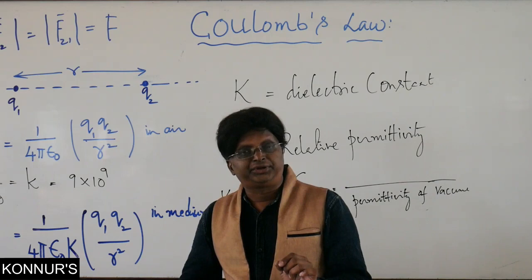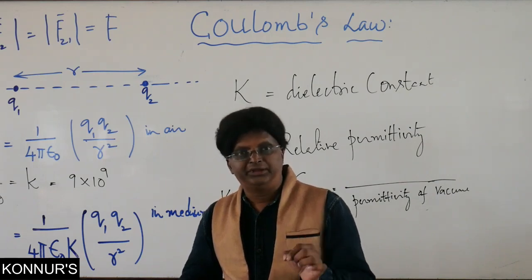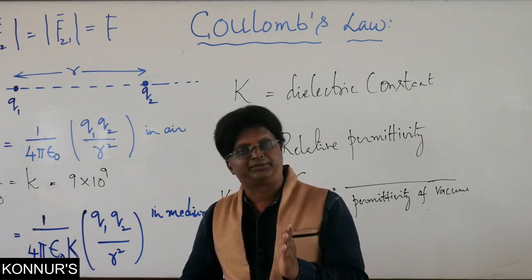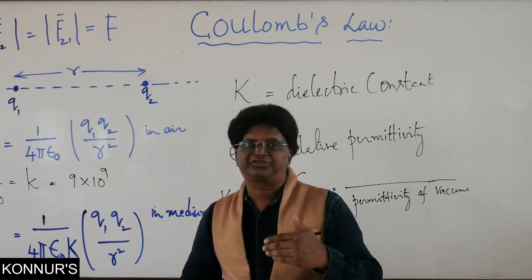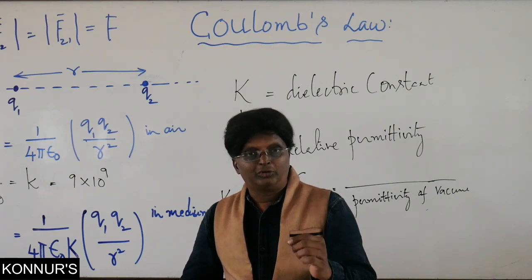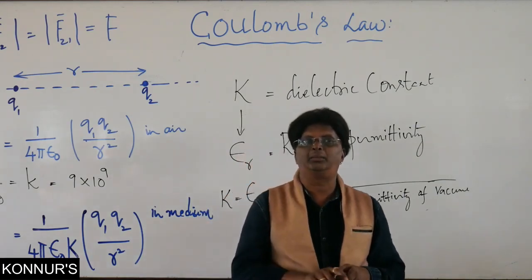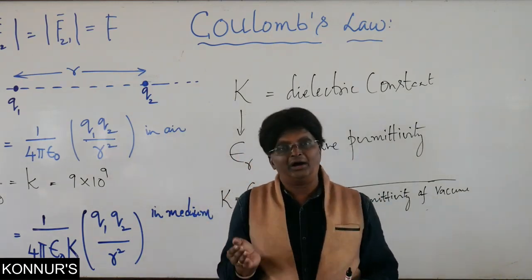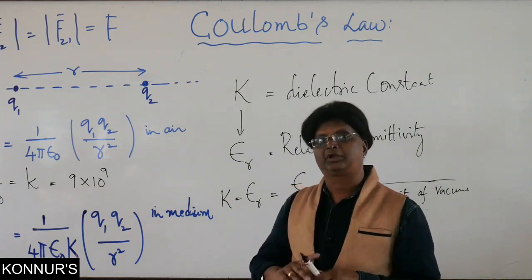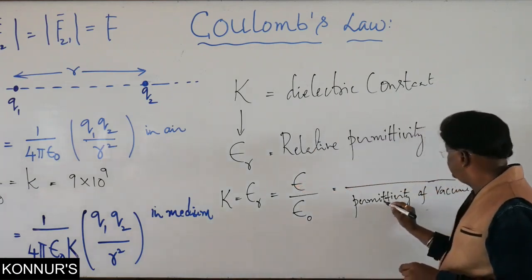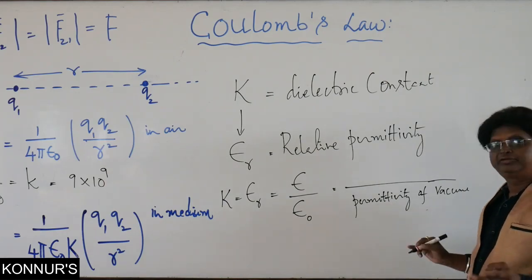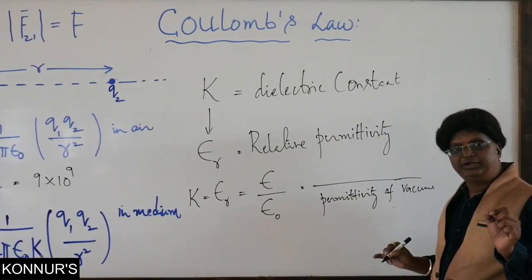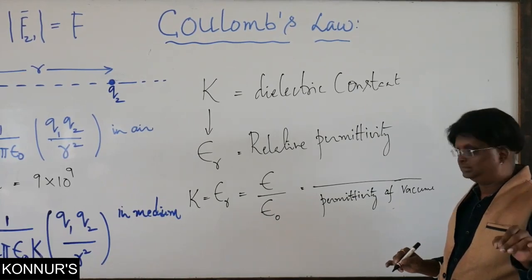Permittivity is a characteristic of a medium with respect to electricity, which we will understand in a better way in the next one or two sessions, because in between we have to speak about many other things. Afterwards, when the right time comes, I will explain what we mean by this permittivity. Generally, permittivity is one of the characteristics of the medium with respect to electricity.